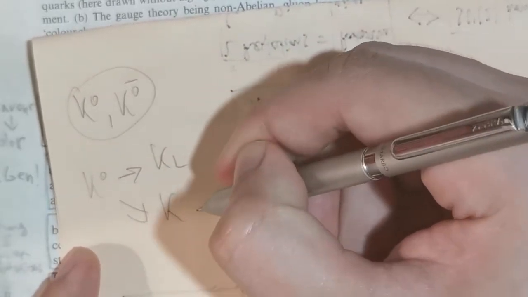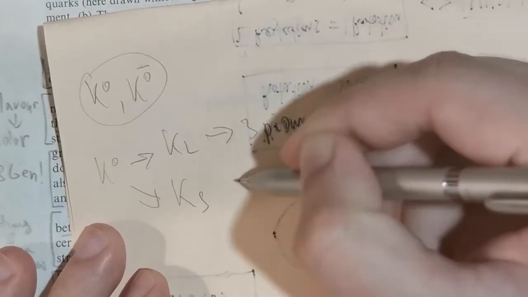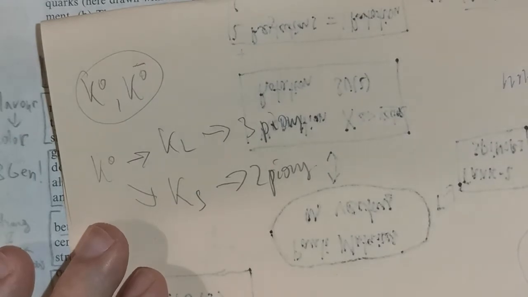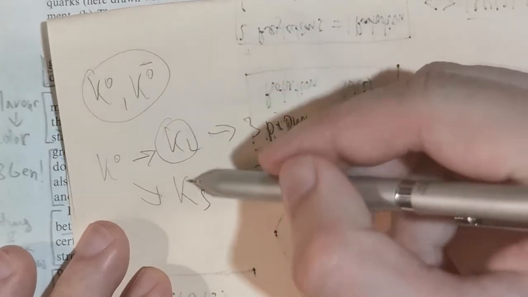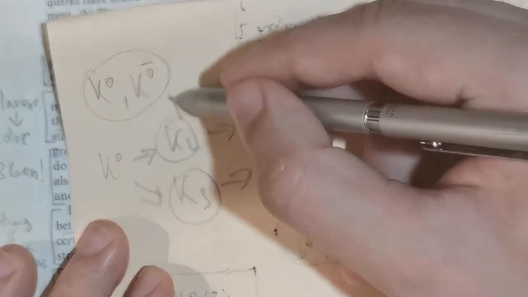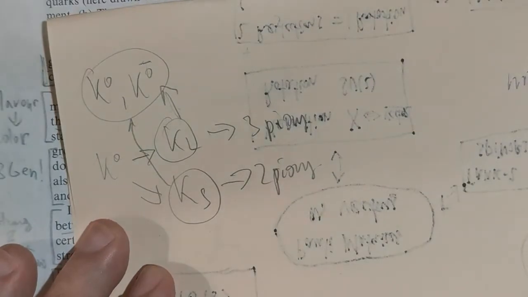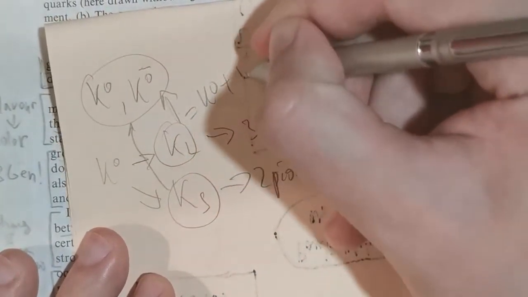And the thing is that KL and KS could be thought of as combinations, superpositions, of the K0 and K0 hat, the antiparticle. So you can think of KL as a K0 plus K0 hat combination, and therefore you can flip.